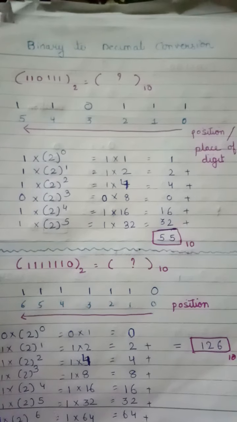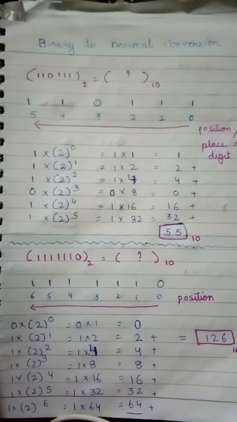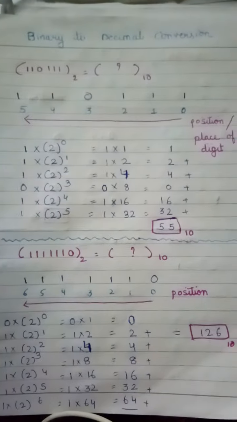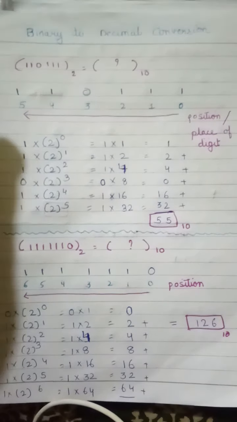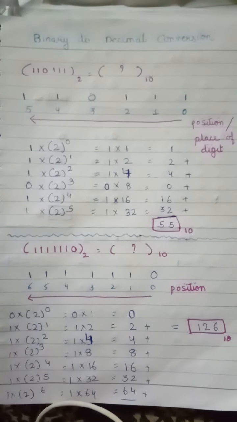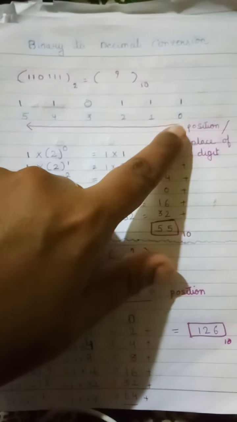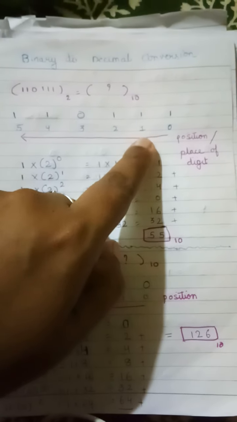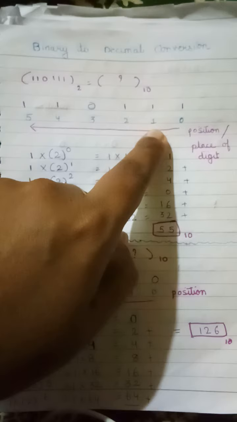Then, as you all know, place value always starts from the last digit. Here also the position value of the digit starts from the last, but the first position is given as 0, then increasing in the order 1, 2, 3, 4 and 5.